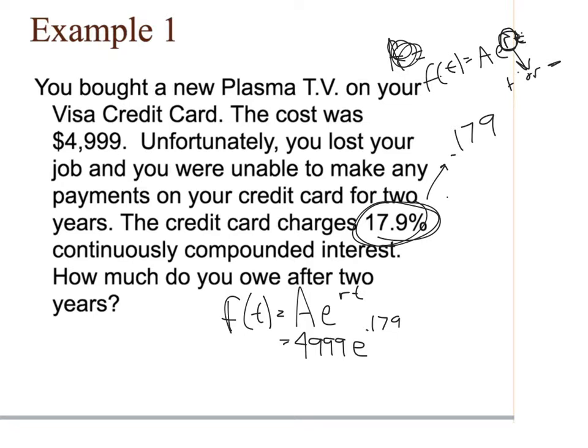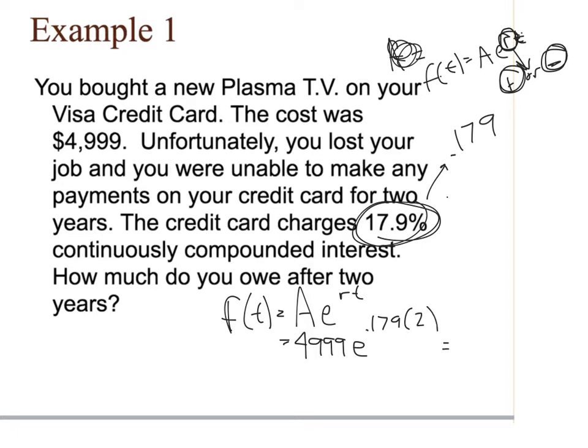Positive means growth, negative means that we are going down. In our case, we are going up, so it's positive 0.179. And then t is going to be 2 years.